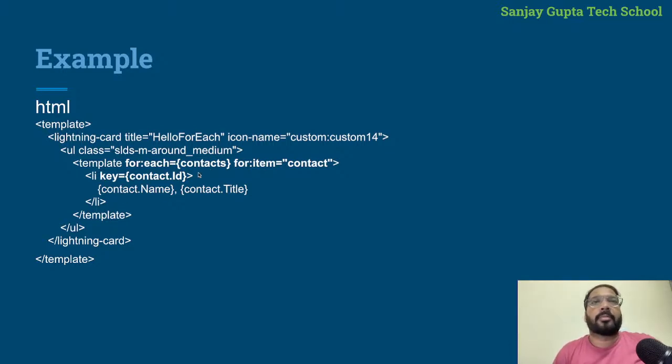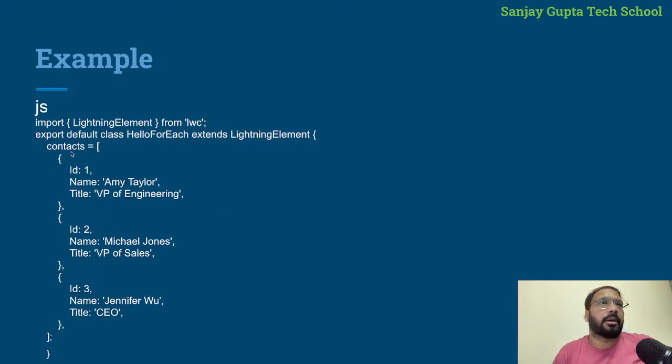So one by one from this contact list, contact will have the data, and on that basis name and title will be visible. And this way a contact list is created. In square brackets we have the data, and this data will be rendered on the UI.